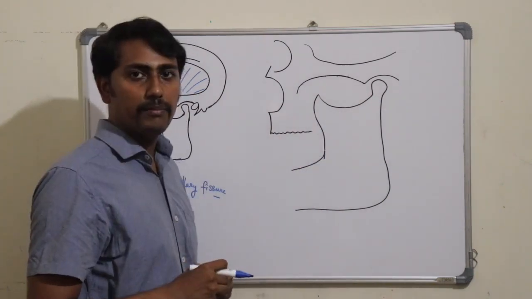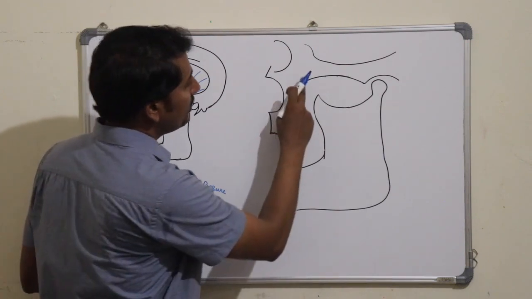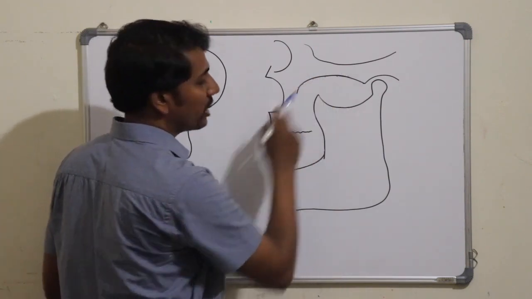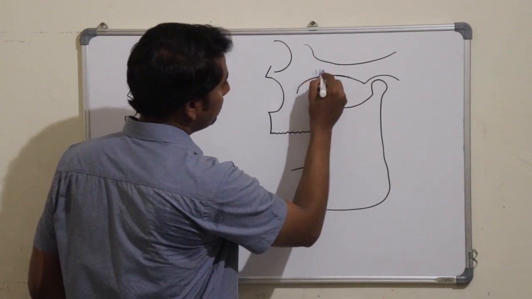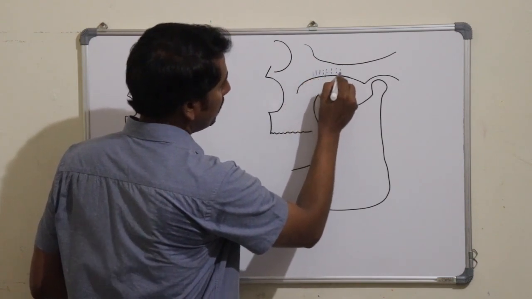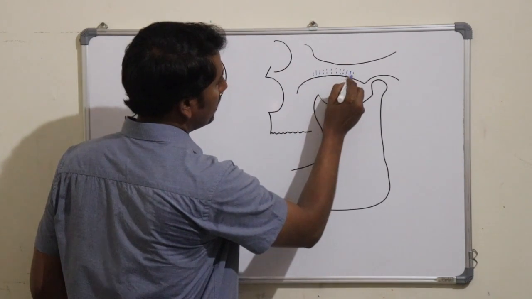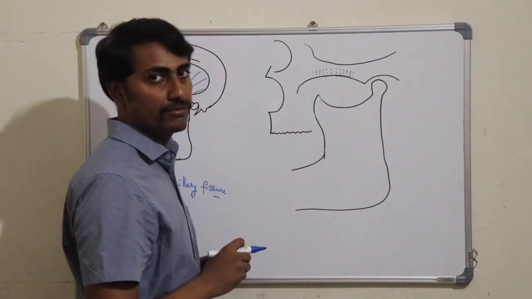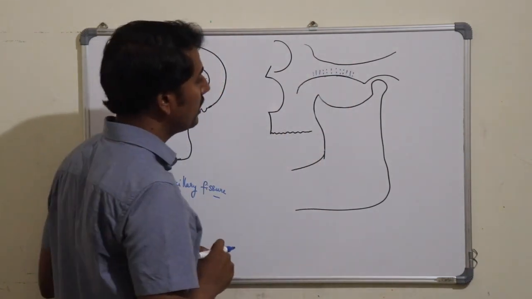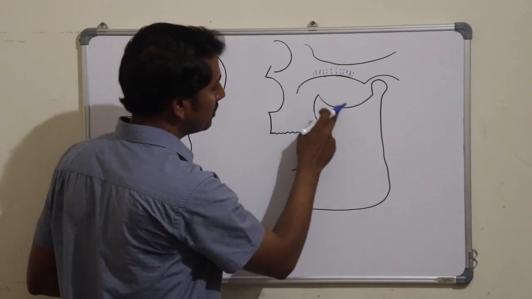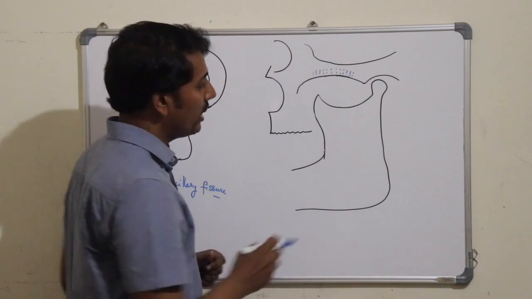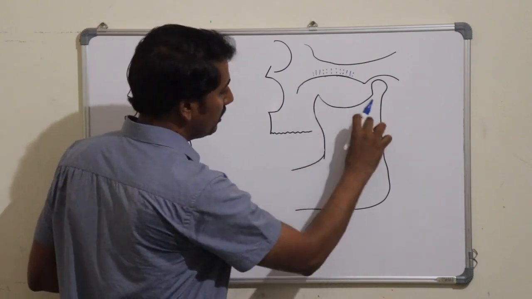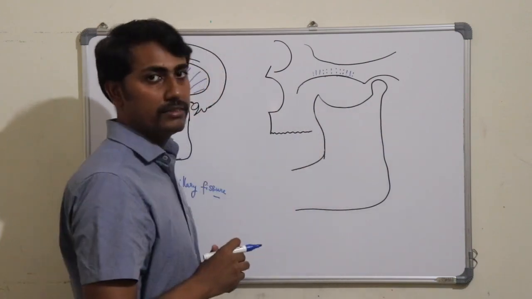The deeper layer of the masseter muscle arises from the deep surface of this zygomatic arch, from this area. We are showing it dotted because it is arising from the deep under surface of this zygomatic arch and gets inserted into the lateral surface of the coronoid process and the upper part of the ramus of the mandible.